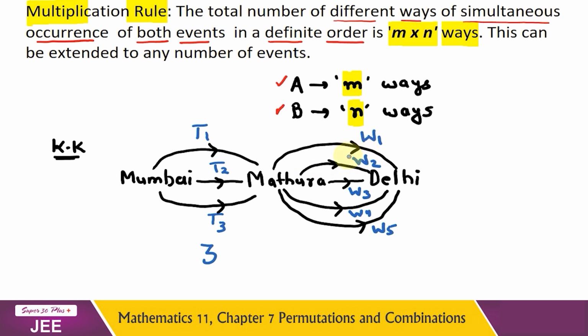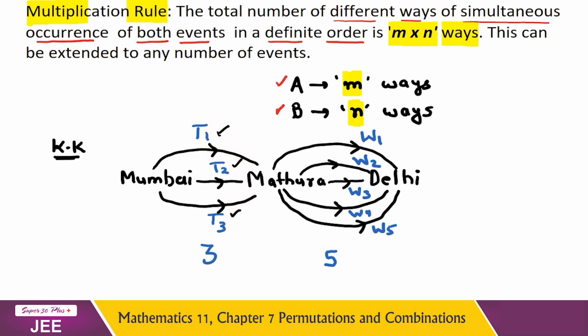So in all, how many ways are there? Here are 5 ways. Alright, now how have you calculated this 3 and this 5? Using the addition rule. Because if she has to go from Mumbai to Mathura, she has to choose exactly one of these 3 ways.